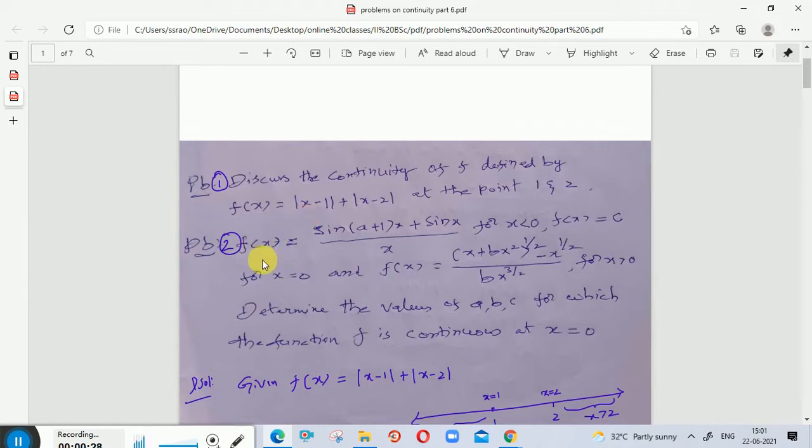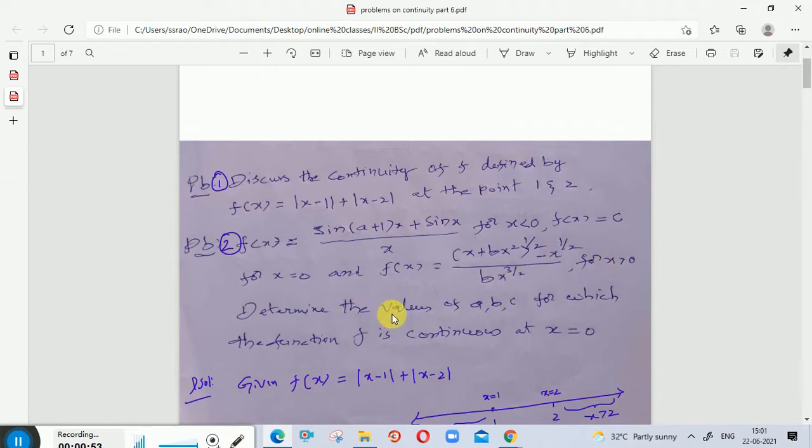Okay, second problem. The function f of x is equal to sin of (a plus 1)x plus sin x, divided by x, for x less than 0. f of x is equal to c for x equal to 0, and f of x is equal to ((x plus bx squared) to the power half minus x to the power half) divided by b times x to the power 3 by 2, for x greater than 0.